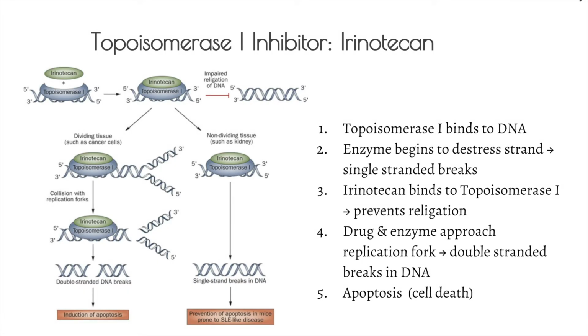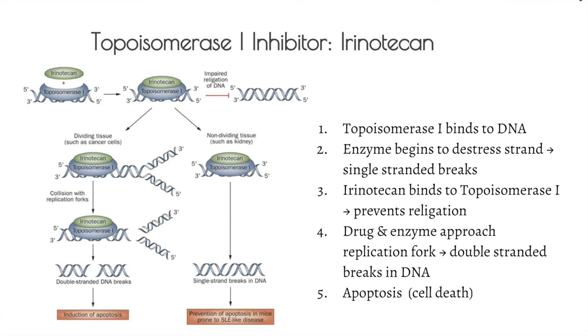The process that irinotecan goes through in order to treat cancer takes about 5 steps. First, topoisomerase I binds to DNA. Second, the enzyme begins to de-stress the strand and creates single-stranded breaks. Then, irinotecan binds to topoisomerase I, as seen in the image, and prevents religation of the single-stranded breaks.